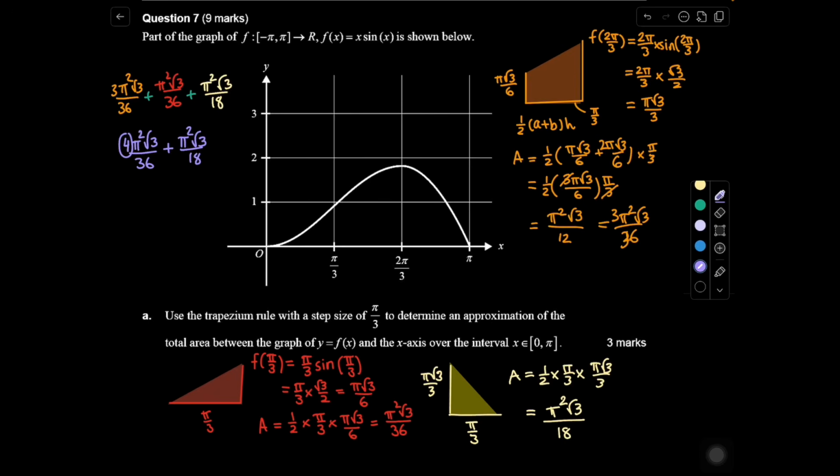You can simplify 4 and 36 by making this 4 cancel, and then this becomes 9. And then what we can finally do is multiply this fraction on the left by 2 over 2 to get the same denominator as the one on the right. So we get 2 there, and then 18 on the bottom. And you can see how that leaves us with 3 pi squared root 3 over 18, and then this cancels with that, and our final answer is pi squared root 3 over 6.